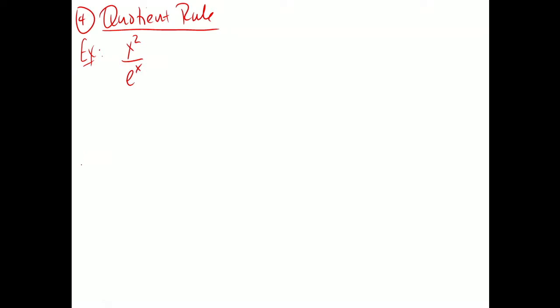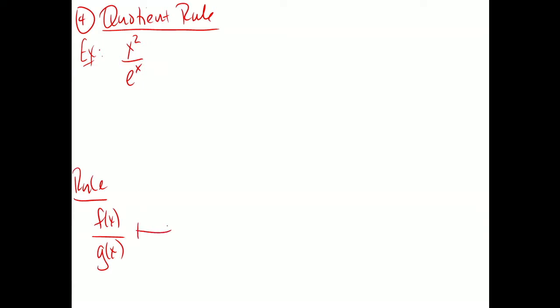So the quotient rule, I'll write it down here, and I'll add it to our chart when we're done with this video. It says to do the following. If you have one function divided by another function, f and g, the 2 friends are back, but now instead of being multiplied, they're divided. So f divided by g.